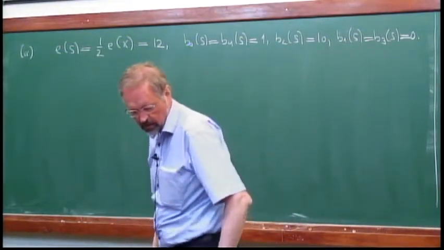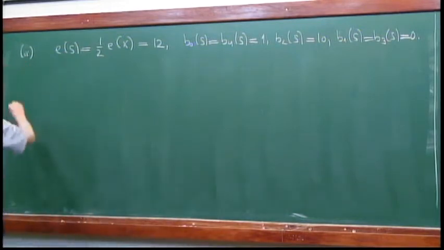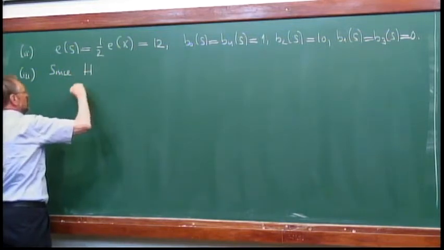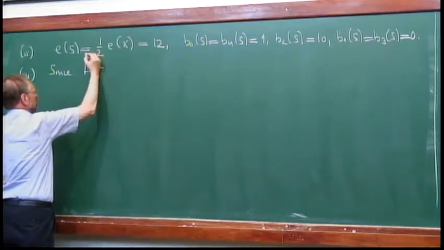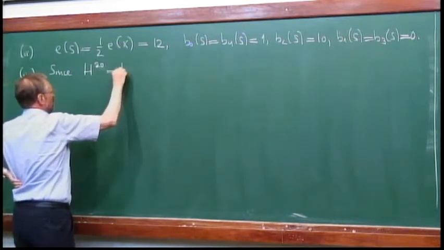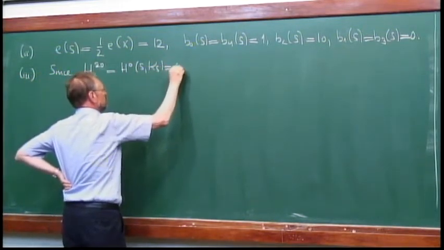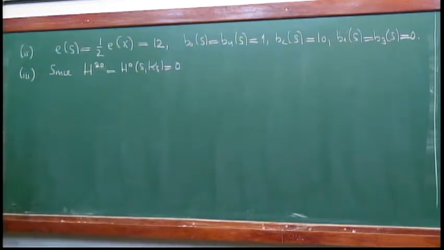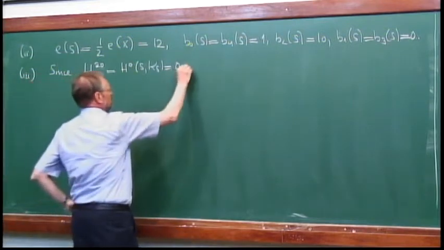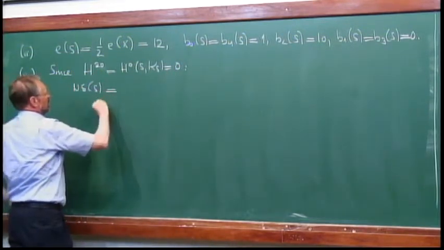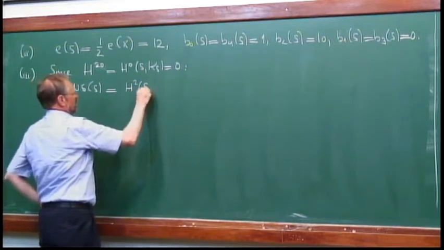And what do we know about the Néron-Severi group? We know that H^{2,0}, which is H^0(S, K_S), is trivial. So what we get is that the Néron-Severi group is discrete. It's the same as H^2.